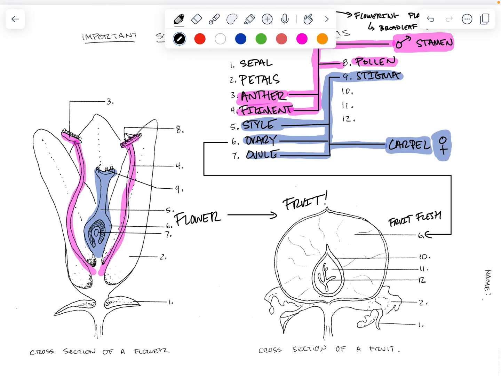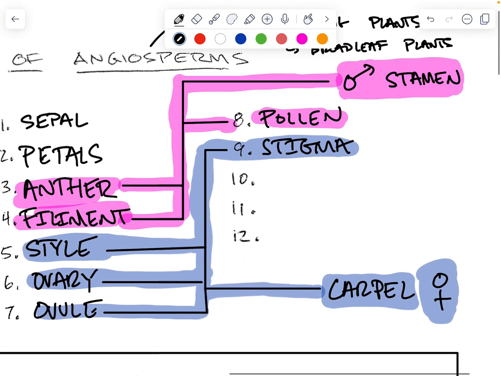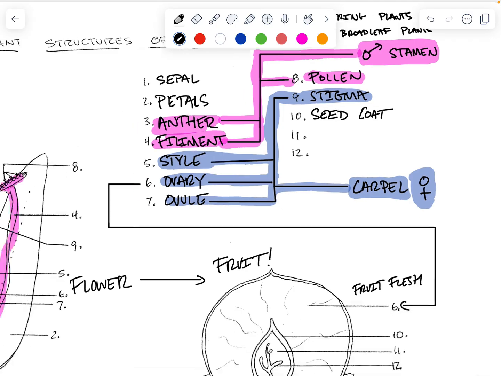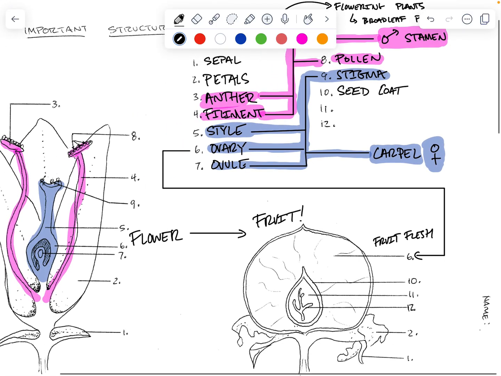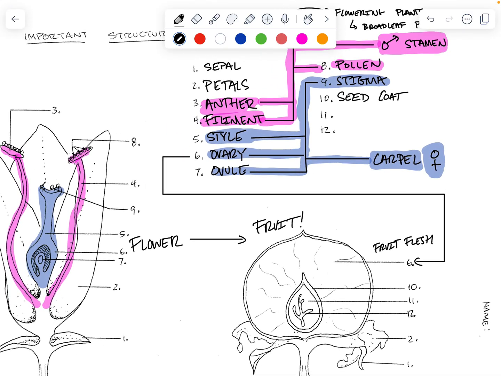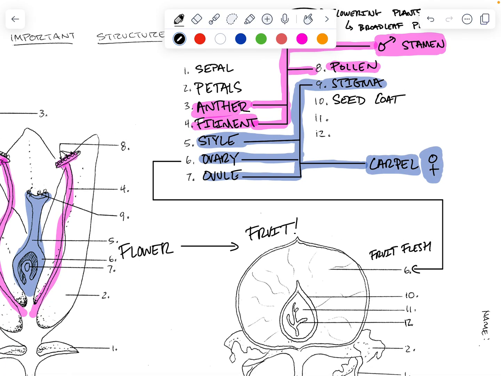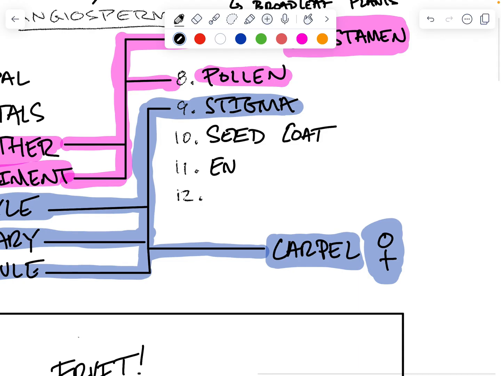Okay, number 10, we haven't talked about yet. Number 10 is the seed coat. It's a hard coating around the outside of the seed that is going to protect the seed until it's ready to germinate and grow. Number 11, this portion right in here, is called the endosperm.